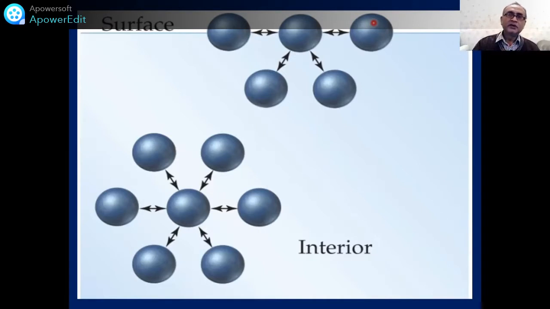Repeating, the surface molecules are experiencing an unbalanced downward pull. To balance this downward pull, they have stretched themselves. They have a stressed, tensed surface, and the force at that tensed surface is called surface tension.